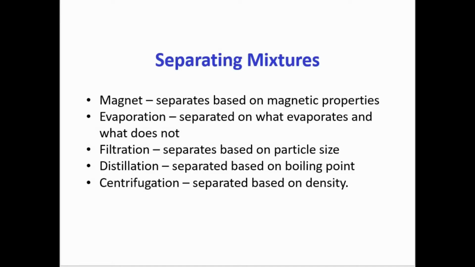We could do centrifugation. That's based on density, that's making it spin really, really fast. And when it's spinning, the heavy things drop. And hence we separate the more dense from the less dense. A fun little fact, when they're harvesting cranberries, they use that physical property, density, in the harvesting.